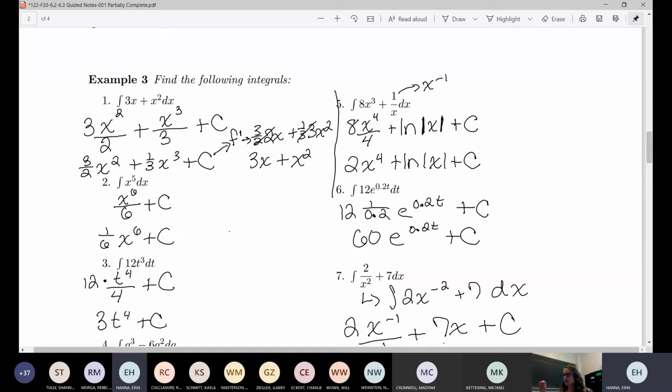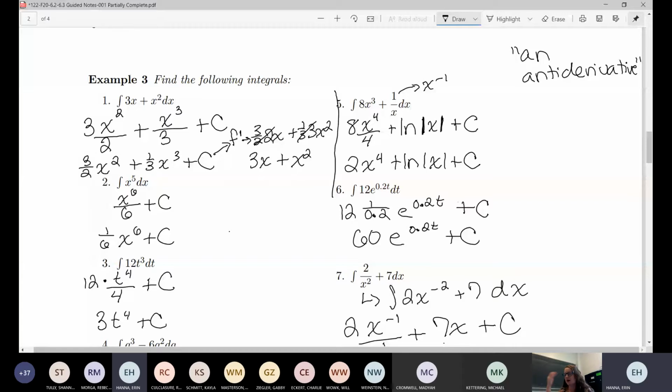Because they're very specific in their phrasing, they will accept an answer without a plus C. They say something like find an antiderivative, and since if you let C be 0, that's technically an antiderivative, that's why they accept it. They'll also accept it if you do tack on a plus C at the end.